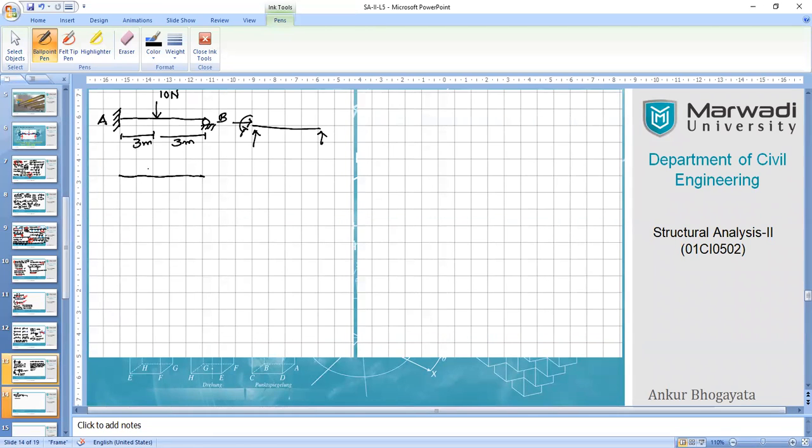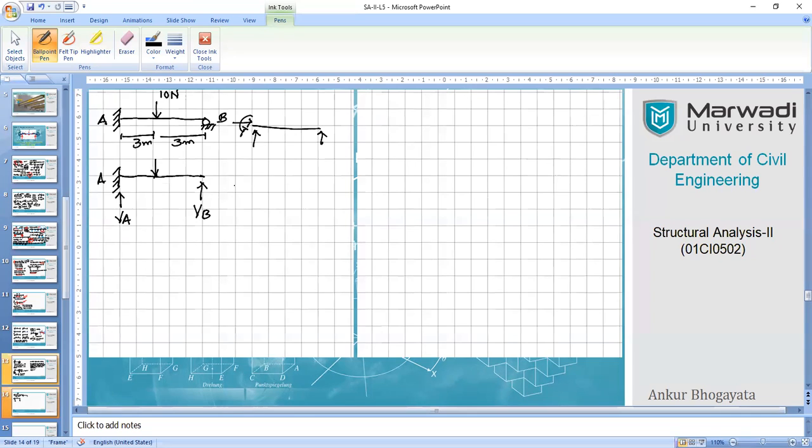The first and most convenient option is, if I remove this reaction VB, let's say this is A, so I'll have some reaction at A, called VA, and here it is VB. If I remove this vertical reaction, my structure becomes determinate, simple.